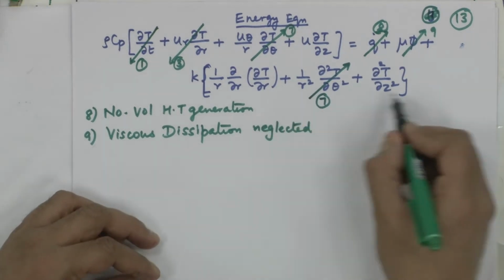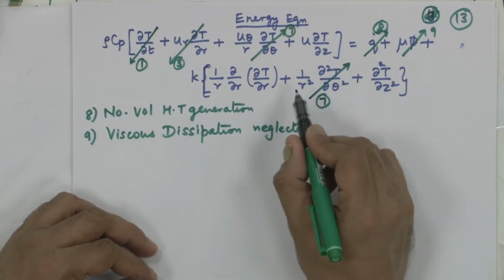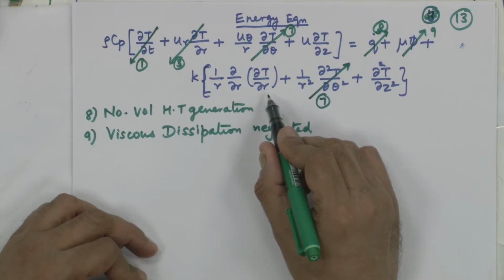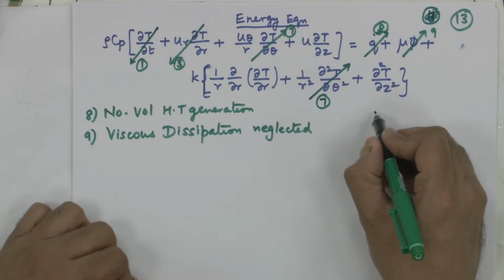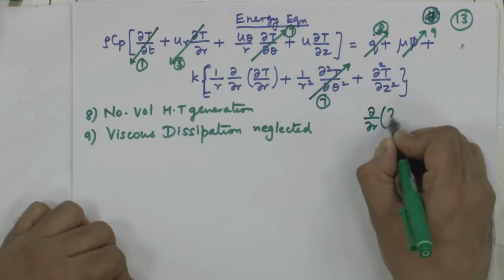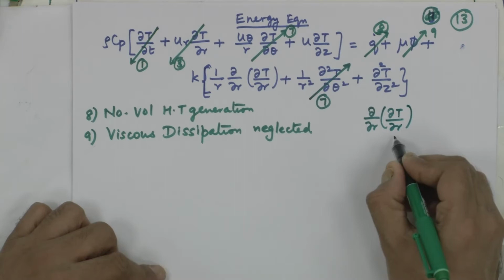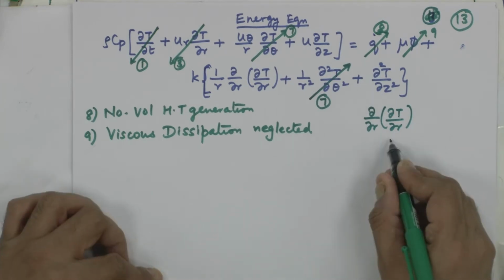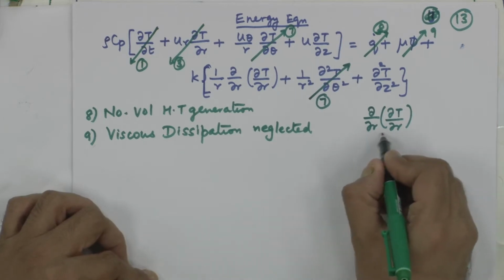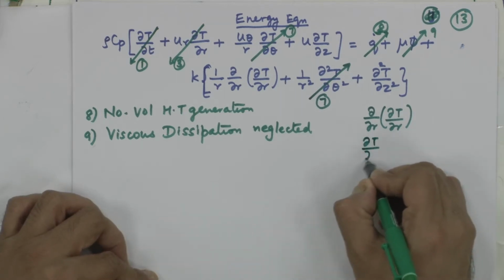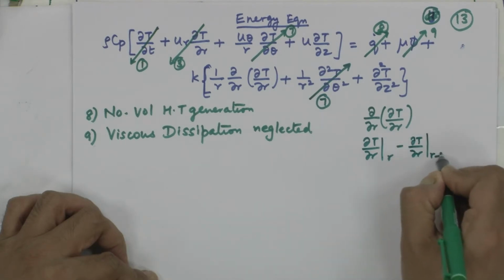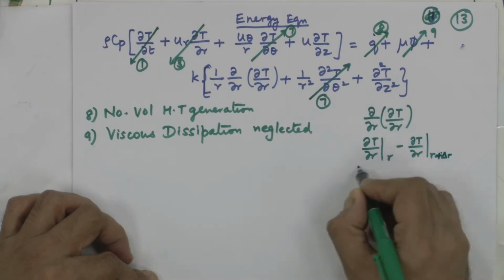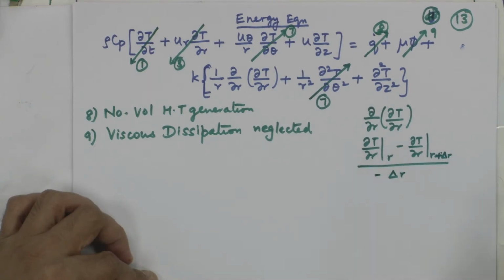Now, to understand the relative importance of the gradient of the temperature, d by dr of dT by dr, where dT by dr is the gradient of the temperature in the radial direction. This is the gradient of the gradient. So, dT by dr at r minus dT by dr at r plus delta r divided by delta r, or whatever.